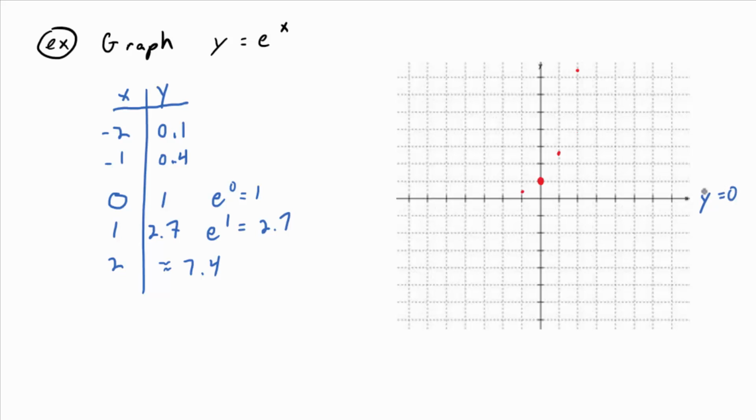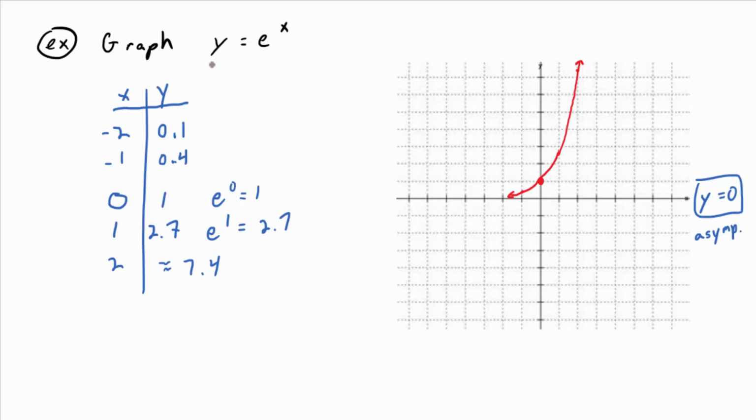So y equals 0 is the equation of the asymptote. It's called the horizontal asymptote. Anyway, just connect the dots and don't go past y equals 0, the horizontal asymptote, and you're good. Nice smooth curve. Shoots up pretty quickly. Keeps going, so put a little arrow on the end.